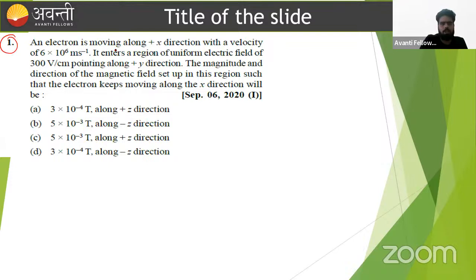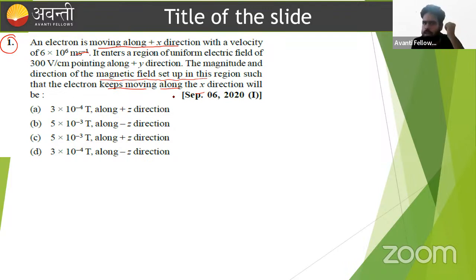Let's solve this problem. What is given? An electron is moving in the plus x direction with the velocity given, and a magnetic field is set up in the region such that the electron keeps moving along the positive x direction. What is the meaning of this, beta? The electron will not change its direction of motion, so no net force is experienced by the electron.